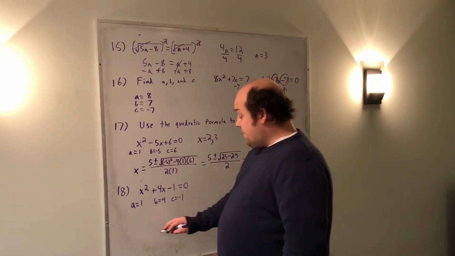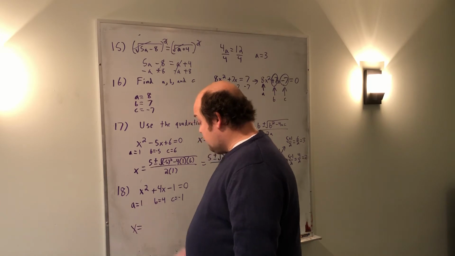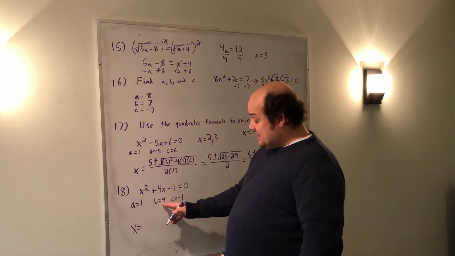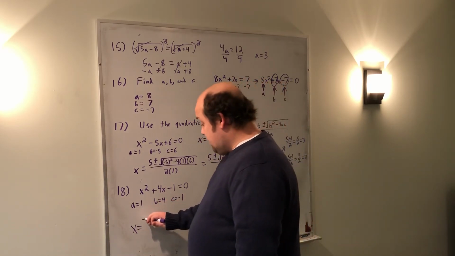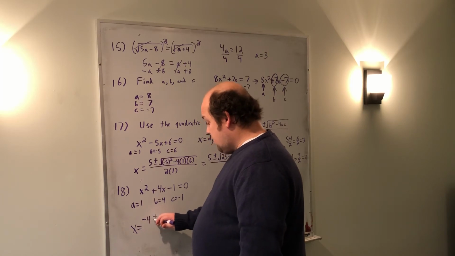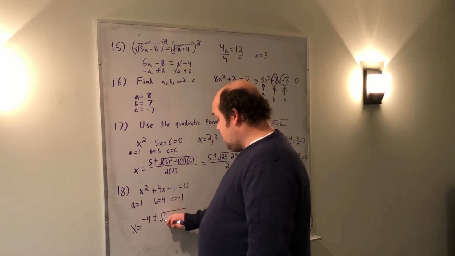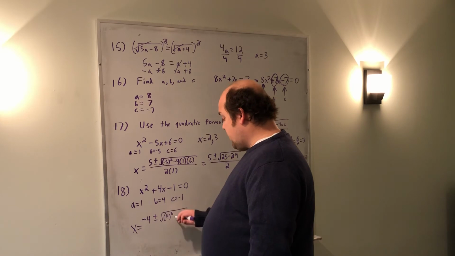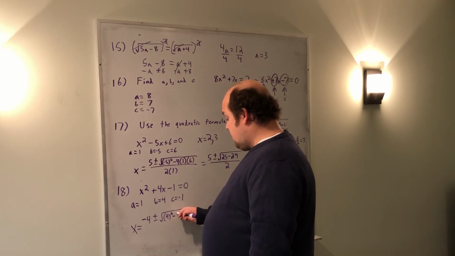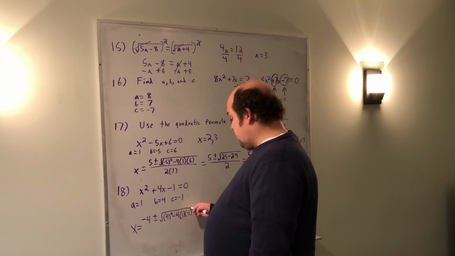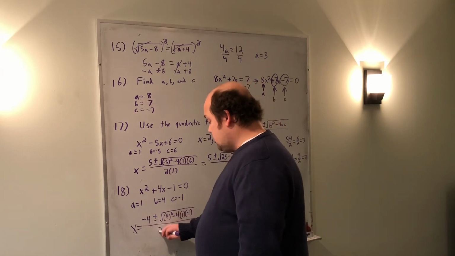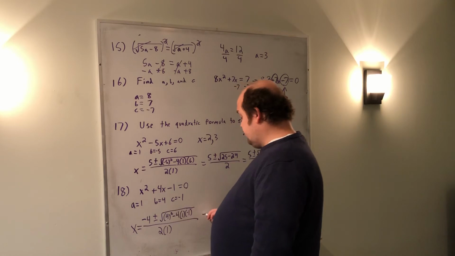Now as I plug into my formula, x equals negative b. In this case, since b is a positive, it becomes negative 4 plus or minus the square root of b, 4 squared, minus 4 times 1 times negative 1, all over 2 times 1.